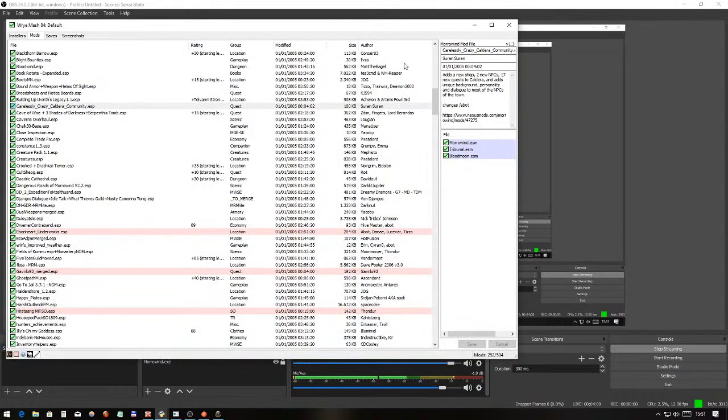Okay, so I can just, for instance, get the mod in the usual MWSE window and change the information here in this field. Or I can use the Construction Set or any other Morrowind editor, but this is probably the simpler way because MWSE is what you are suggested to use as your standard Morrowind mod management tool.